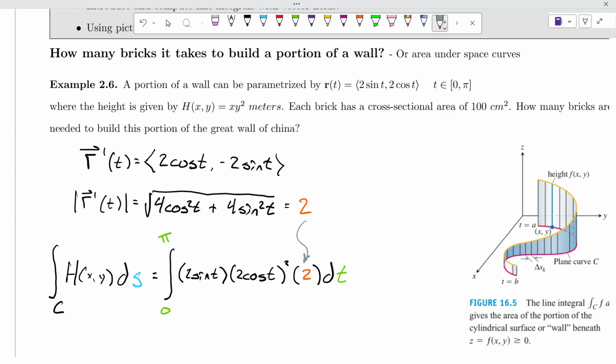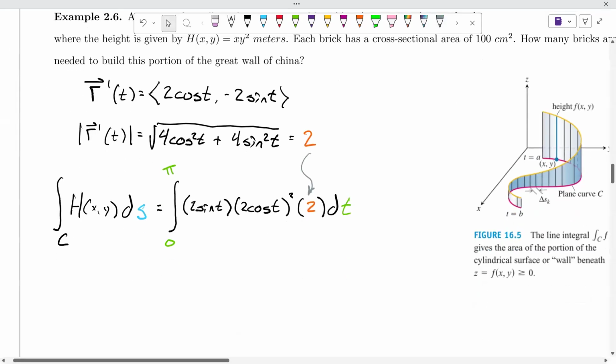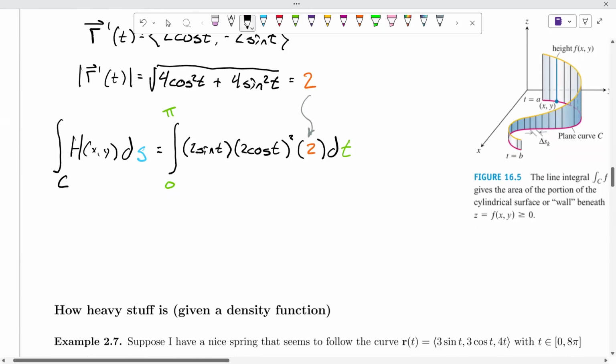This particular parameterization is starting from the top and going regular clockwise. I hope I drew that right from your perspective. Fancy stuff. We'll talk about that again later when we have to do our own parameterization. But for now, I think we can just go try to integrate this thing.